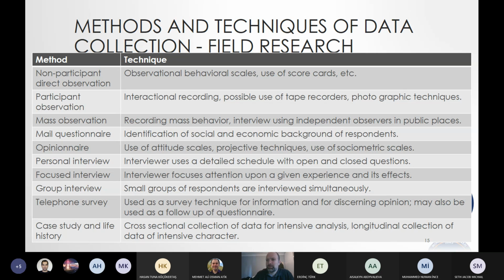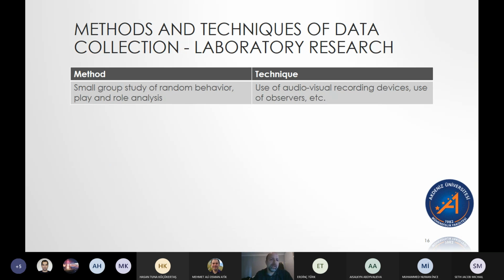So that would be the field research information. And then of course there's also experimental research, the lab research. Again, these slides are based on a field that's not computer science based, but in laboratory research, this would be a type of thing where, I know for Seth, what his research is related to, he does run these experiments.